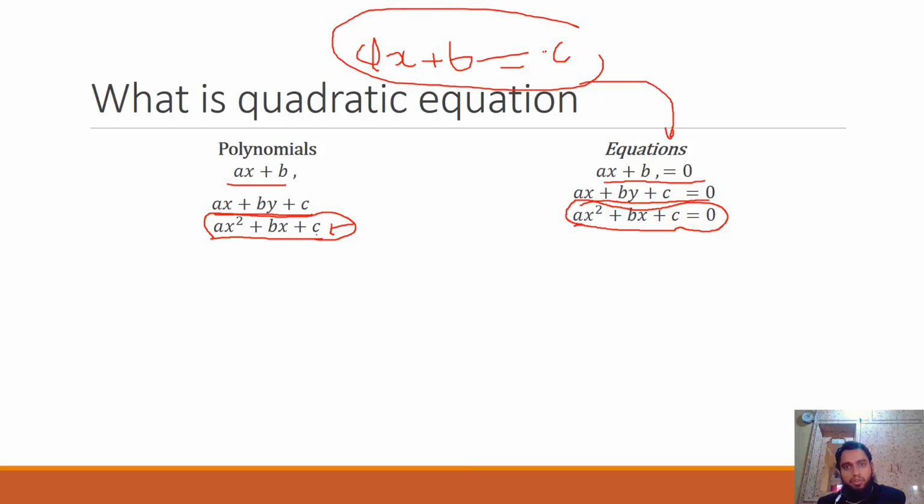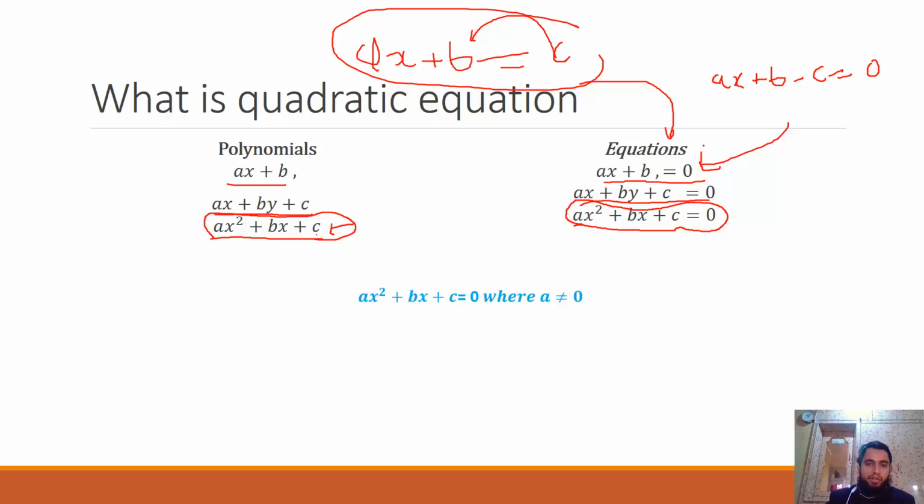How? By transposing the c from here to here. We will end up with ax squared plus bx minus c is equal to 0. So it is the same form which we had discussed. So this is the quadratic equation.